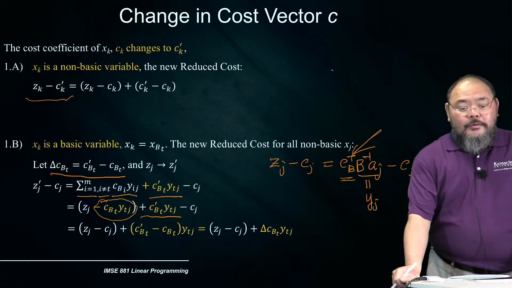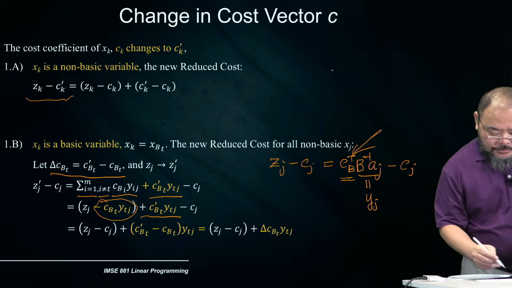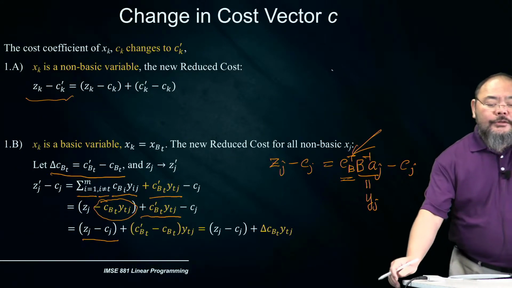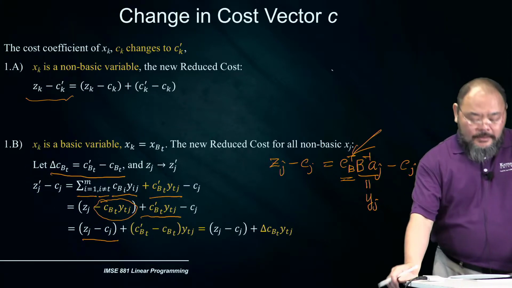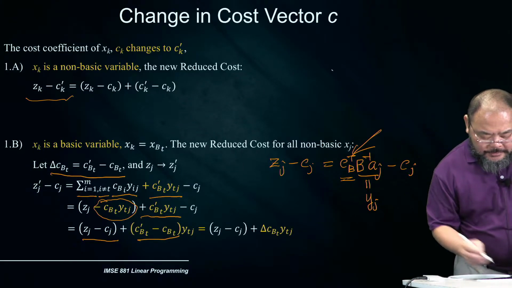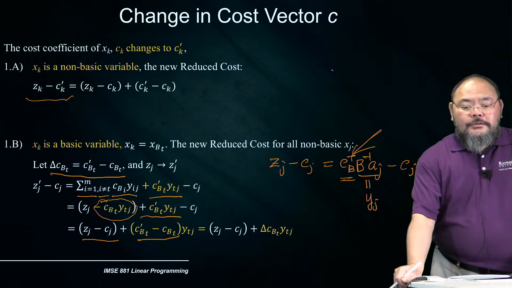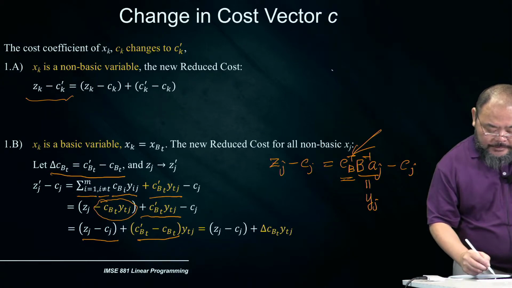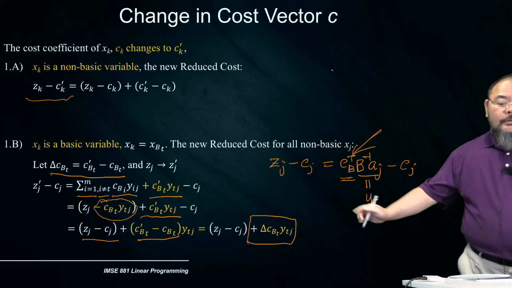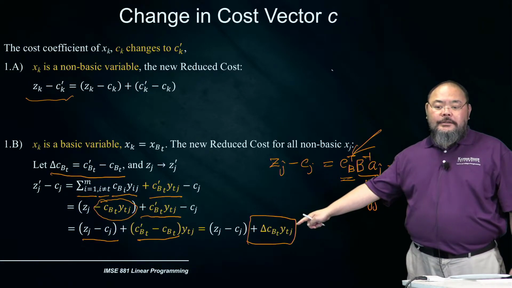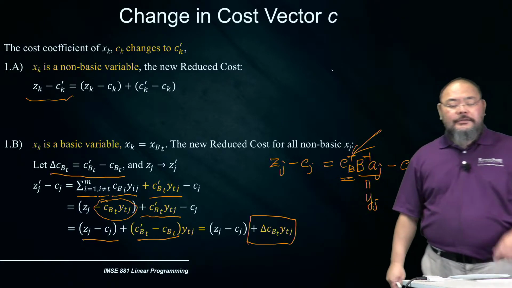So after the calculation, we can see that this is equal to the original zj minus cj plus the difference between cBt and cBt prime, times Ytj. So the major difference will be delta cBt times Ytj. That's fairly straightforward.